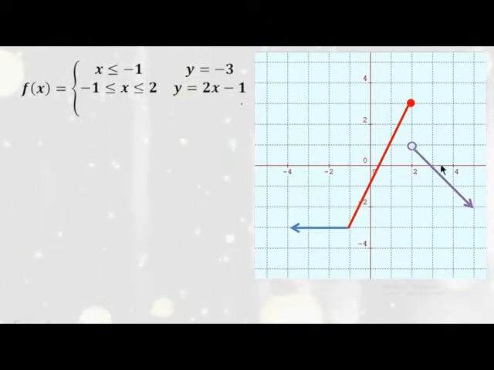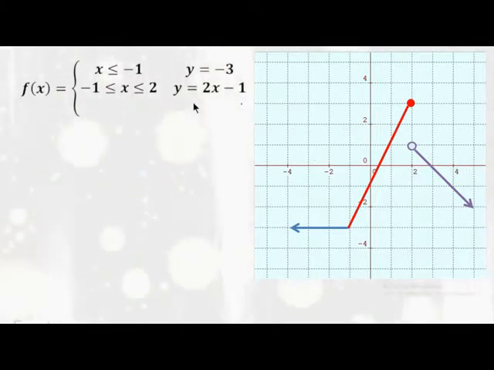And how about this one? One of the edges of this line is an empty dot. As you can see, this is an arrow. That means the line doesn't finish here. This is infinite. So the domain starts from 2 to every number bigger than that.